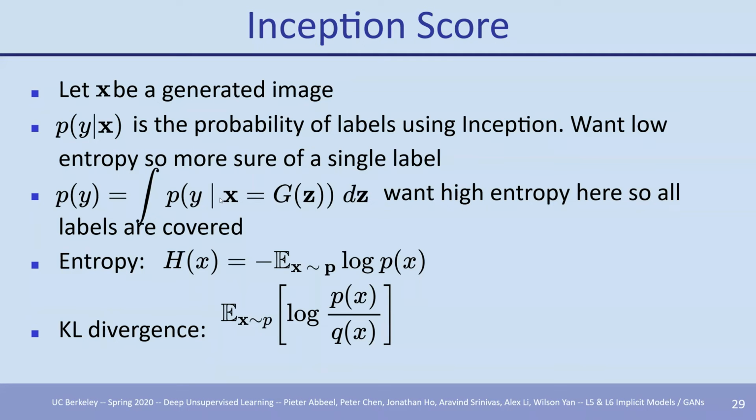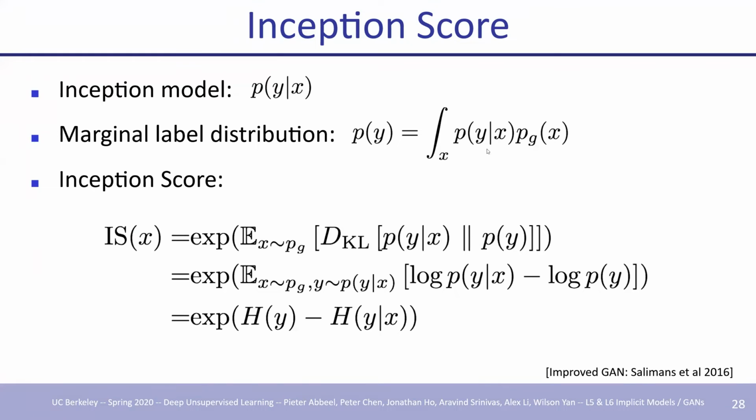This was from the paper, and this one is how Peter wrote it, but it's the same thing. Instead of going over Z, it's going over all the generated X's. Okay, so this is the inception score. It's the exponent of the KL divergence of the label distribution with the marginal label distribution.